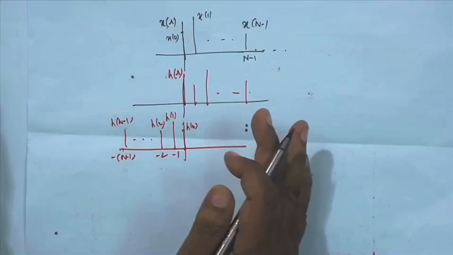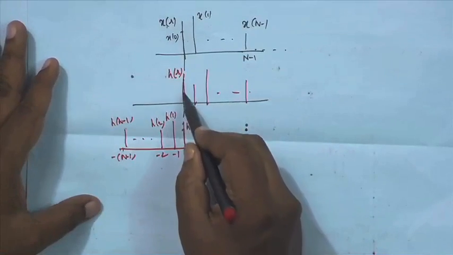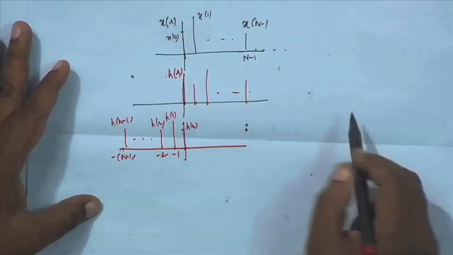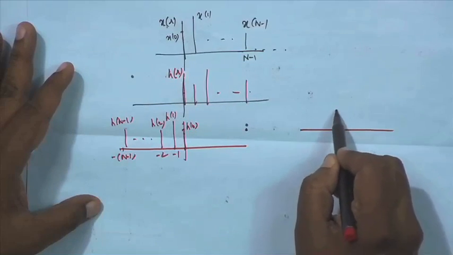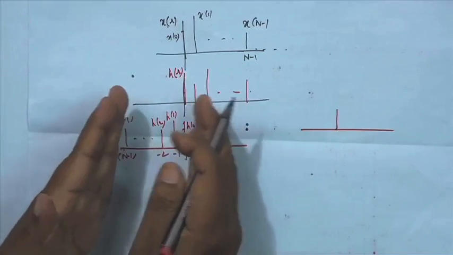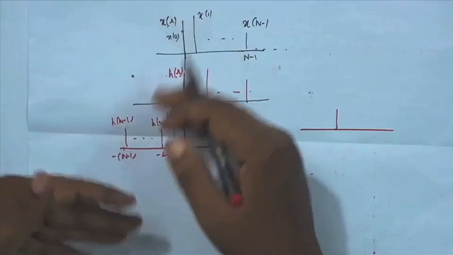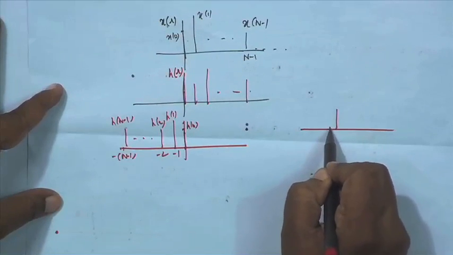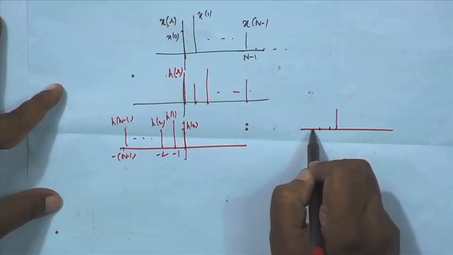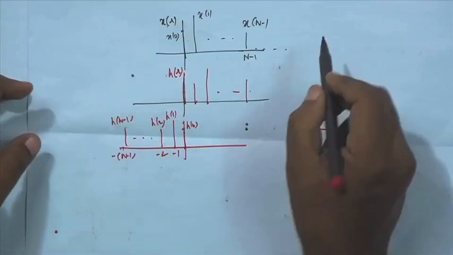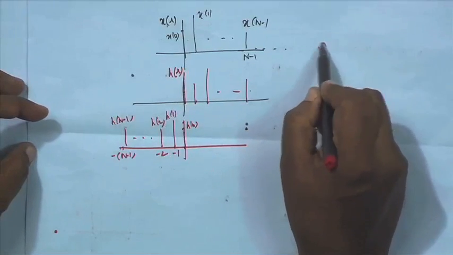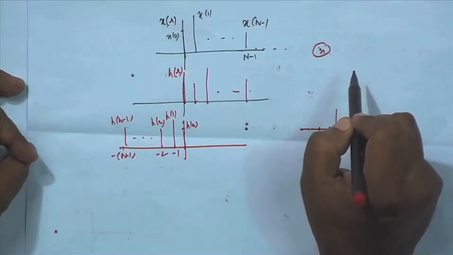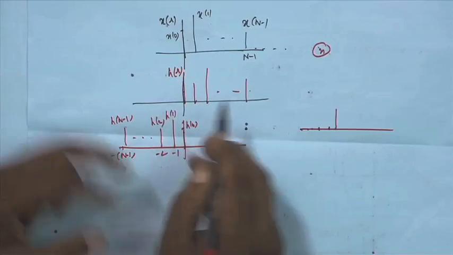Now, without any shift, only these two terms multiply, and you get some value. Then if you shift this to the left, there is no overlap, so you do not get anything. That means the output for shift 1, shift 2 is 0. I am finding the convolution at various values of n. This was for n equal to 0, no shift.